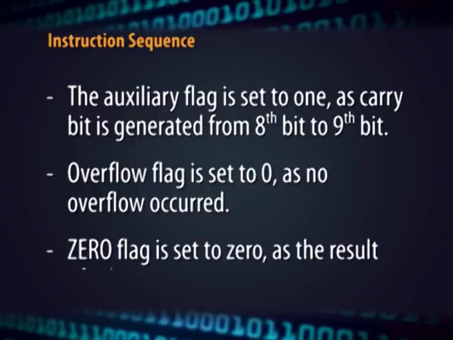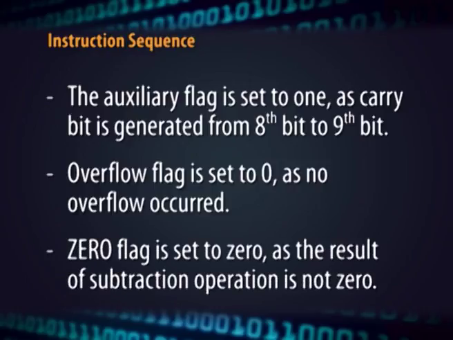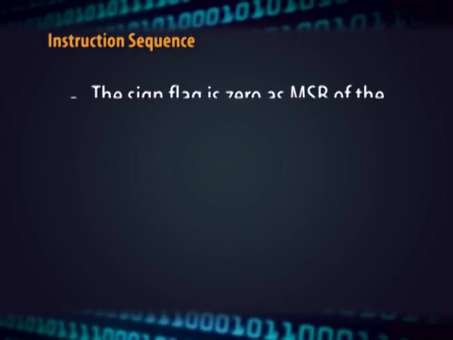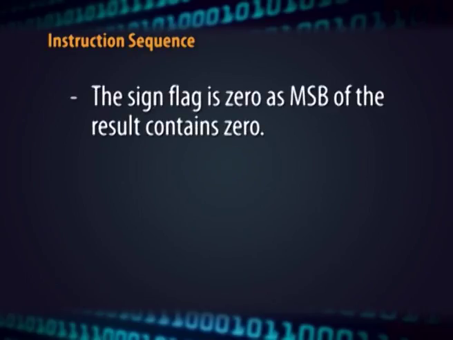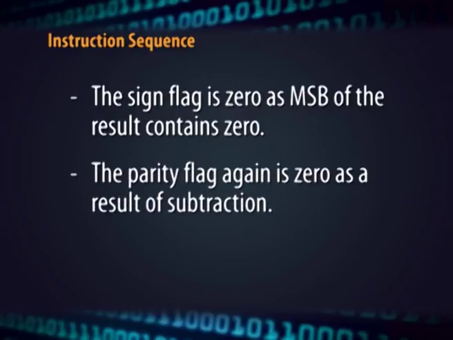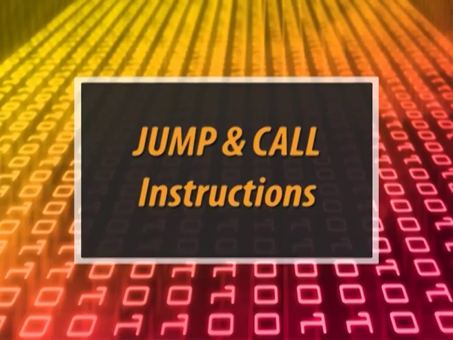The result of the subtraction operation is not 0, so the zero flag is set to 0. As said earlier, the zero flag is set to 1 only when the result of the operation is 0. The sign flag is 0 as the most significant bit of the result contains 0. The parity flag again is 0 as a result of the subtraction.